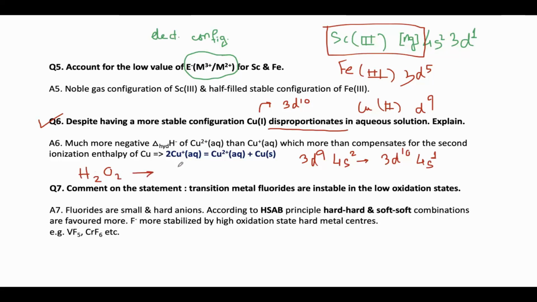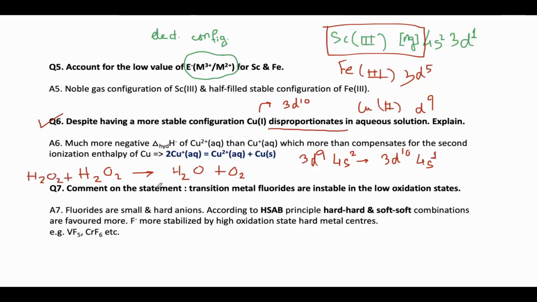Hydrogen peroxide is a very reactive molecule and it disproportionates at ambient temperature to water and oxygen. I have told you that in a disproportionation reaction, a single species gets oxidized and that very species gets reduced.